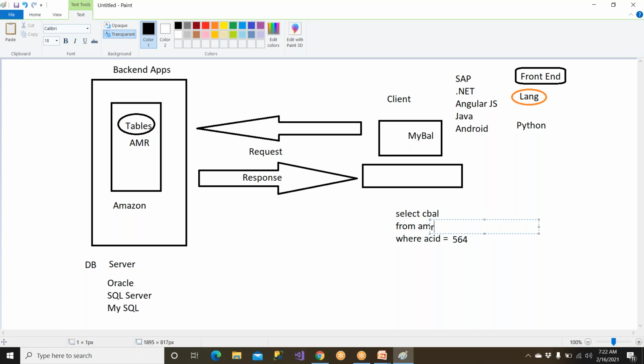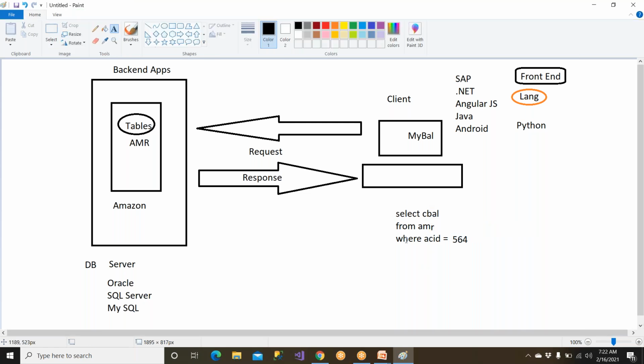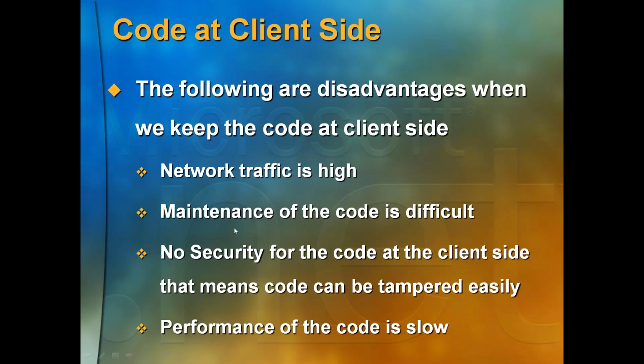Now we need to change this application to AMR and reinstall this Java.NET application because this code is available inside .NET. So you need to open .NET, change all the names here, and reinstall the new applications in all ATM machines. So a small change at the server side leads to a lot of other changes in the front end applications as well. So this is what is called maintenance of the code is very, very difficult.